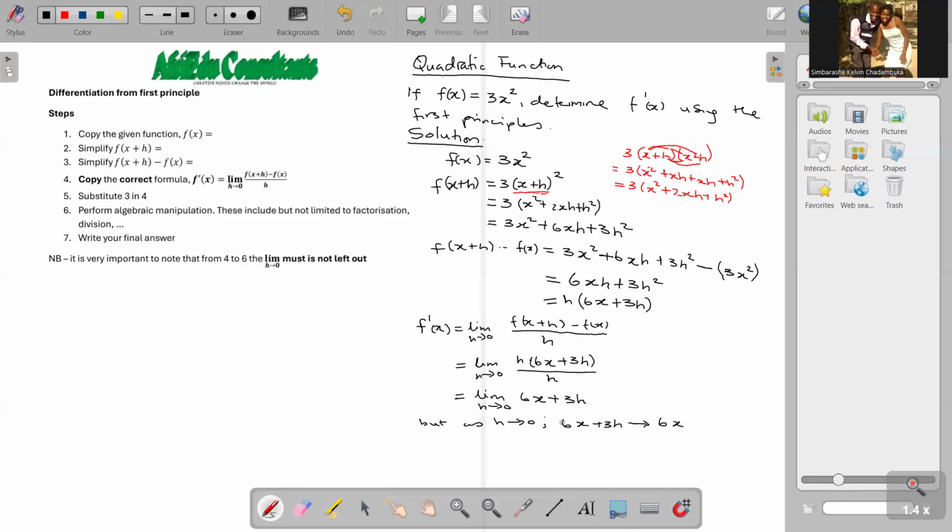So this whole function is going to approach 6x. Therefore, our f prime of x is going to be equal to 6x. Thank you.